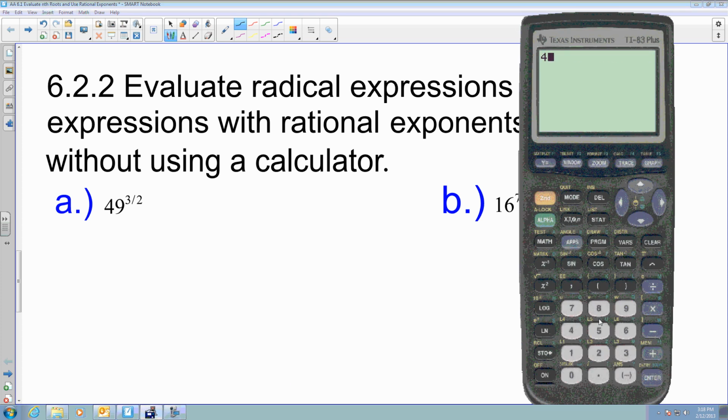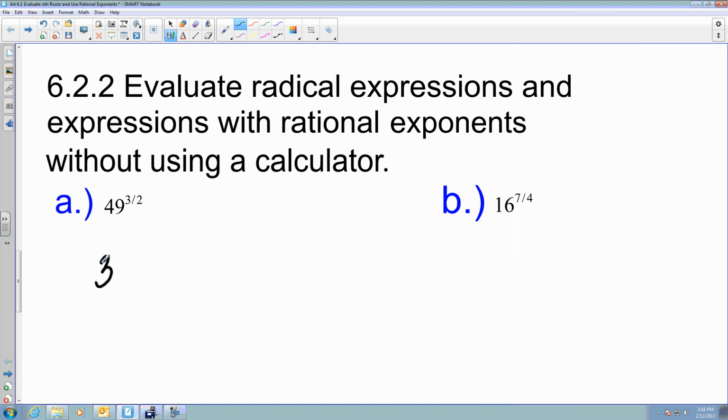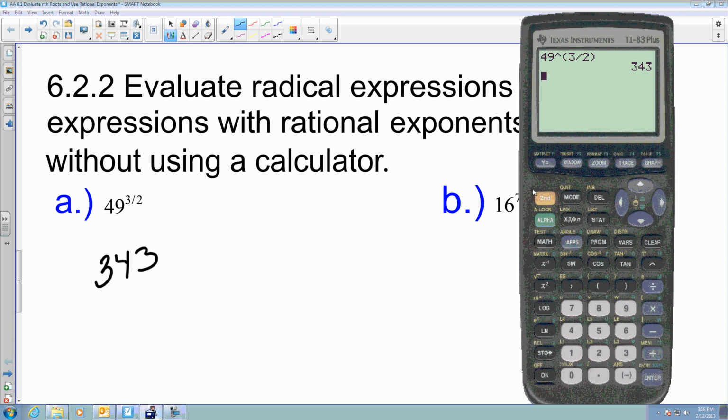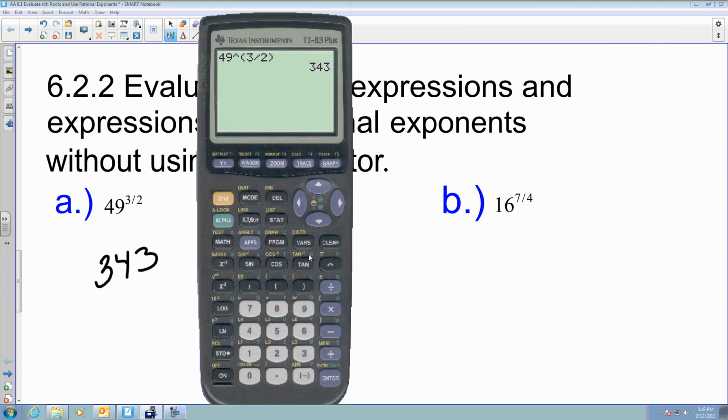So 49 to the 3 divided by 2 power ends up equaling 343. If we take a look at b, I have 16 to the 7 divided by 4 power.